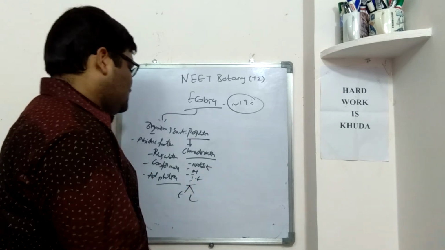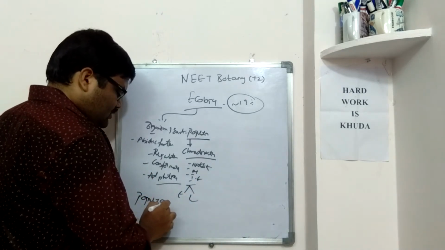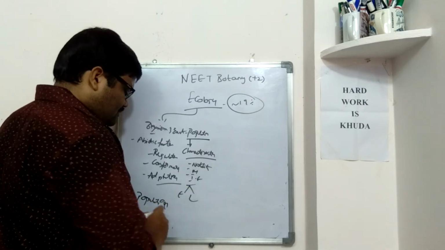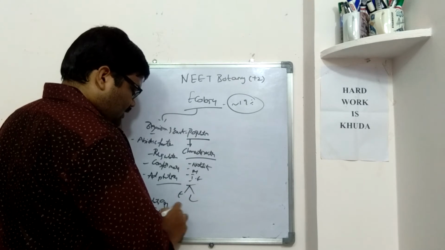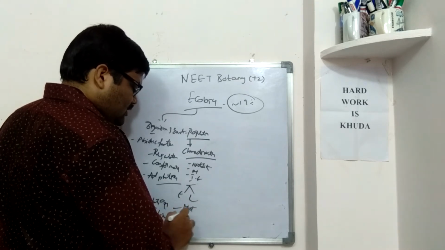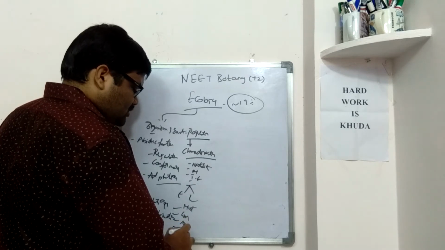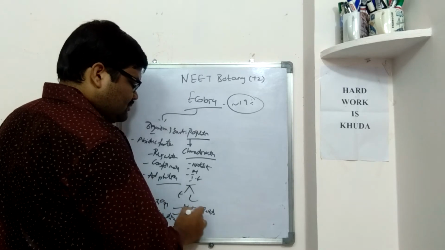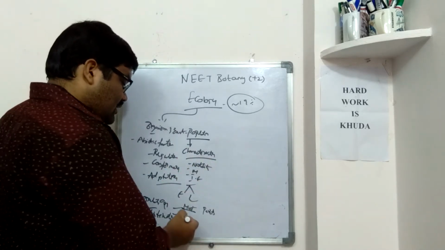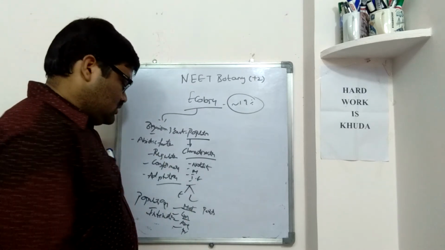Population interaction is very important. From the examination point of view, they might ask for description and example. Population interactions are mutualism, commensalism, amensalism, predation, parasitism. Mutualism means both partners benefit. Commensalism means one partner benefits, the other neither benefits nor is affected.